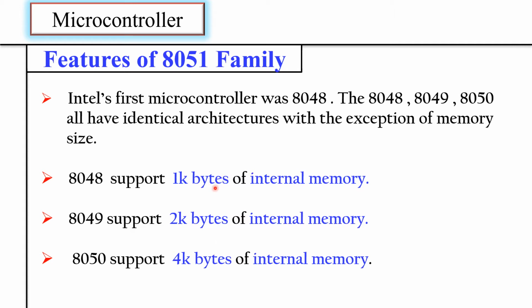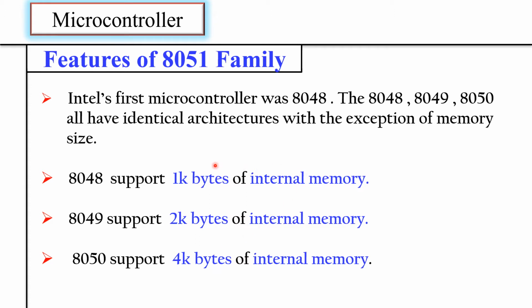All these microcontrollers are identical in architecture, so there is no difference in the architecture. Only the difference was in the memory size in each case. The memory got doubled: the memory in 8048, double that is in 8049, and double that is in 8050. So everywhere there was a difference in the memory size.